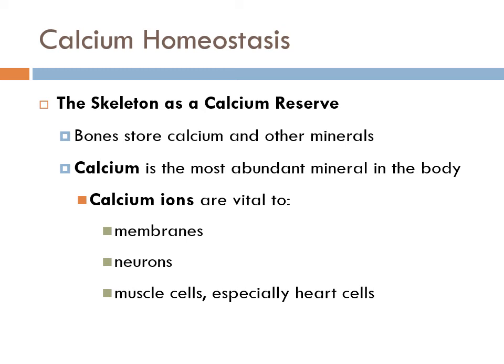Calcium ions are vital to membranes, so our cellular membranes and membrane transport, our functioning of our nervous system, and functioning and contraction of our muscle cells, especially our cardiac muscle cells. So if you want your heart to continue to beat, you need to have a dietary source of calcium and be able to pull calcium out of your bones and deposit calcium into your bones.